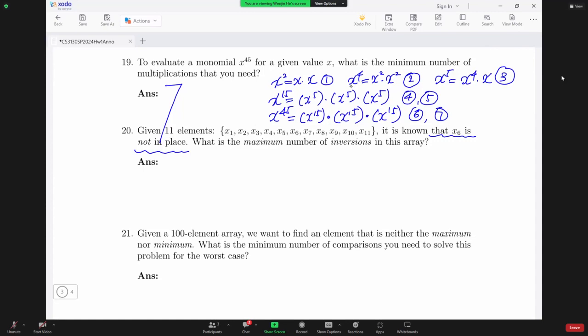So here, our first try, we ignore the condition. We don't worry about that. No such condition. Then the answer is easy, right? The maximum number of inversions is the descending order. So first, we ignore the condition.